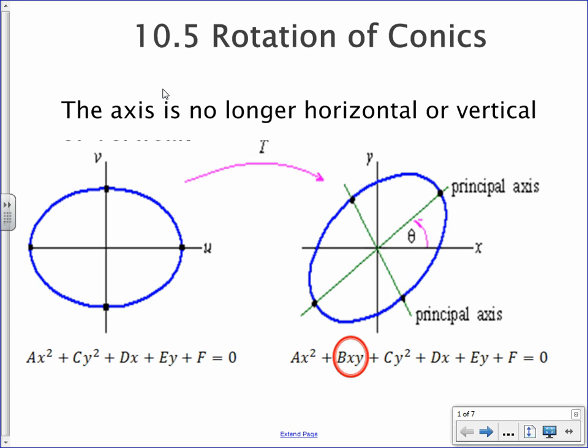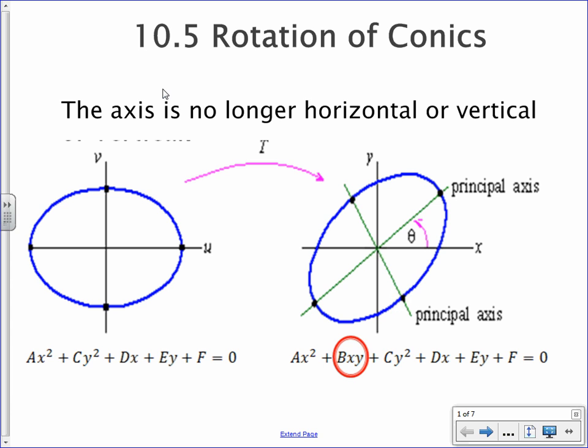So we're not going to focus on the graph until later on in the class period, but essentially, we are going to rewrite our equation, and we are going to plot a new xy axis that's been rotated, so then we can plot our conic on that new set of axes.